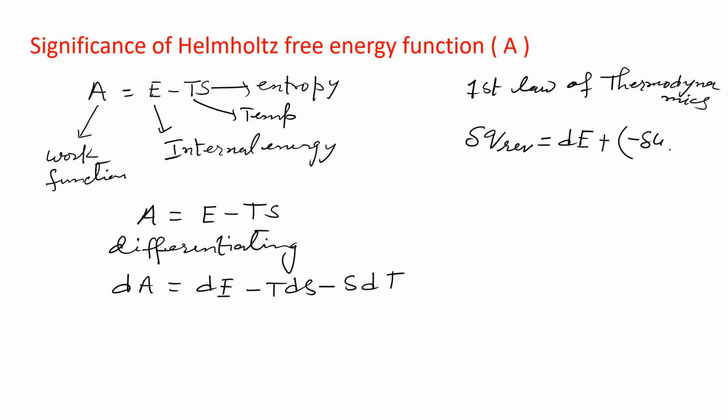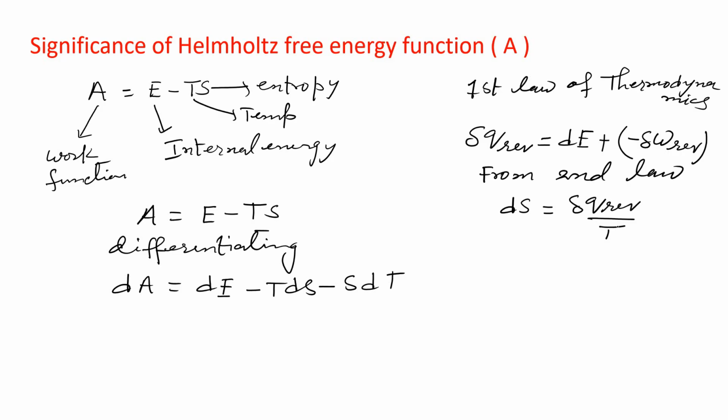So, del Q reversible equals dE plus del W reversible. Here the minus sign indicates that work done by the system will take the negative sign. Now, from the second law, we know that change in entropy dS is equal to del Q reversible by temperature in the Kelvin scale. So, TdS is equal to del Q reversible.